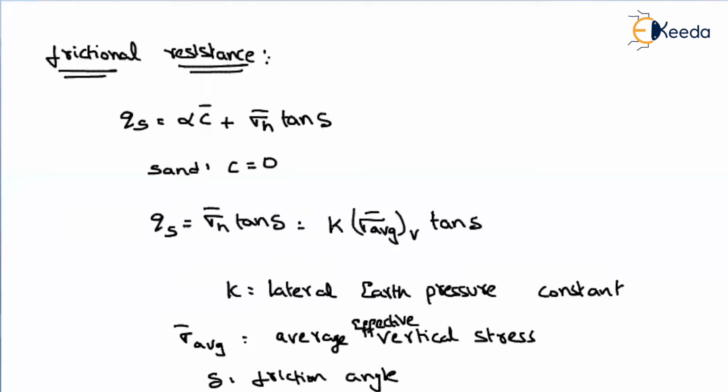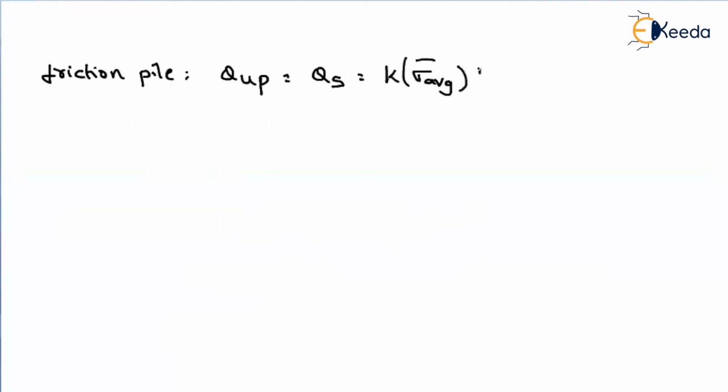Now compile all the equations. Suppose you are talking about the friction pile. If you are talking about a friction pile only, what is the ultimate capacity of the pile? That will be nothing but QS, which can be found by using K into effective average vertical stress into tan delta.